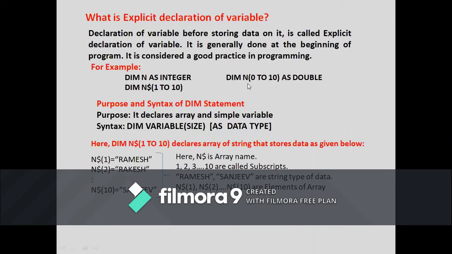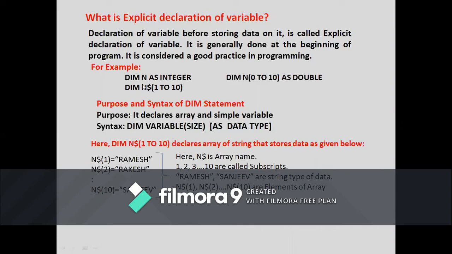Here n is an array and the size of the array is 0 to 10, meaning it can store 11 data, and the data type is double precision. In another example, you can see dim n$(1 to 10). So here n$ is a string type of variable that can store 10 different strings. This 1 to 10 means size of the string array or subscripts.